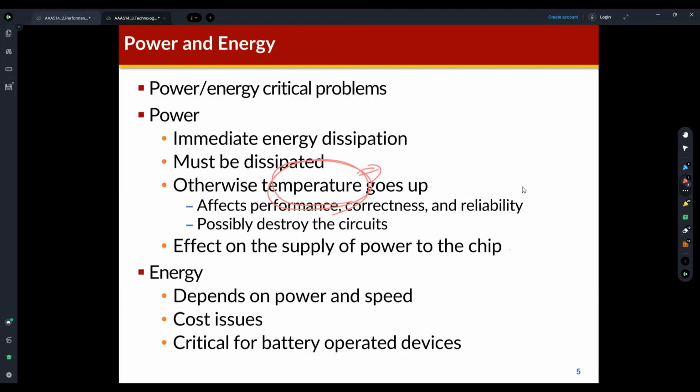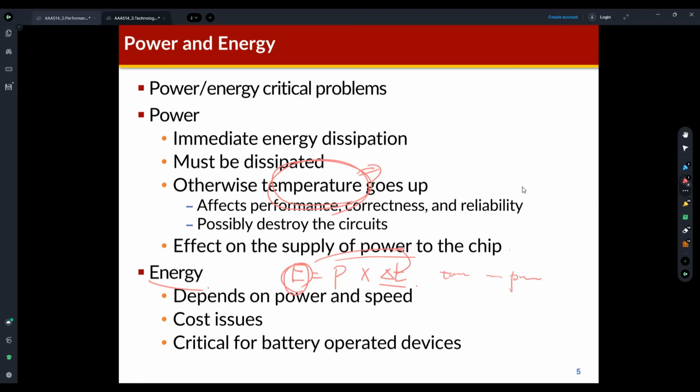And then energy. What is the energy? Energy is power multiplied by delta T, the execution time. So energy is the total amount of power consumed while the application is executed.